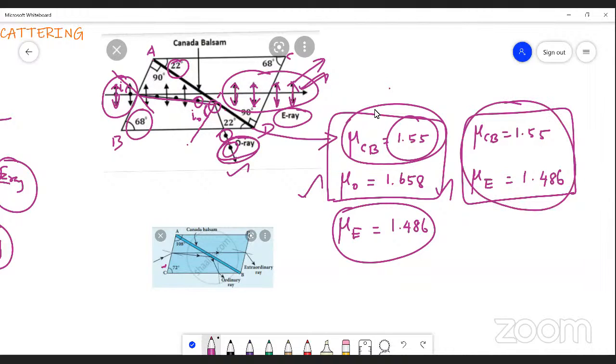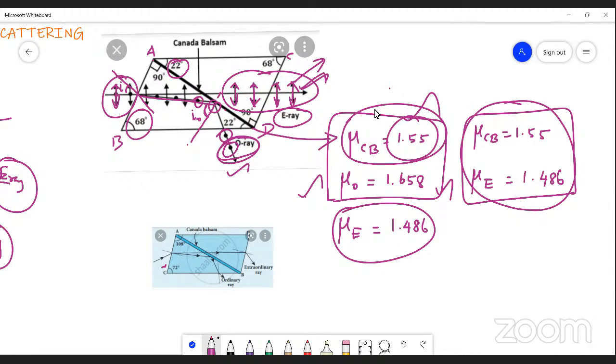So Canada balsam acts as a rarer medium for the ordinary ray. Am I right? Yes, sir. So the ordinary ray will pass from denser to rarer. The extraordinary ray passes from rarer to denser.